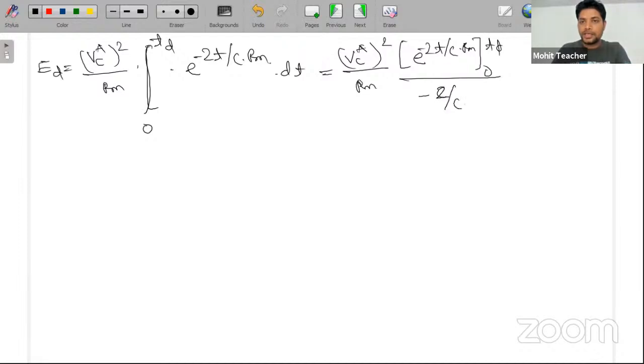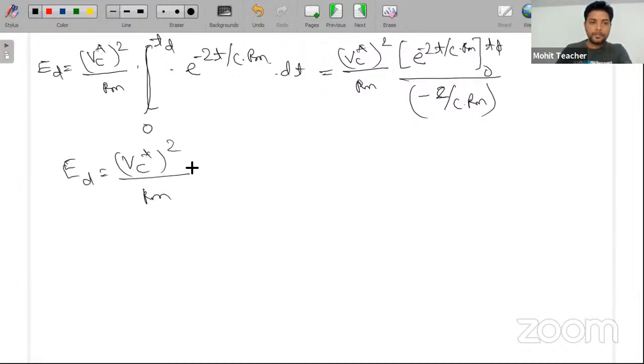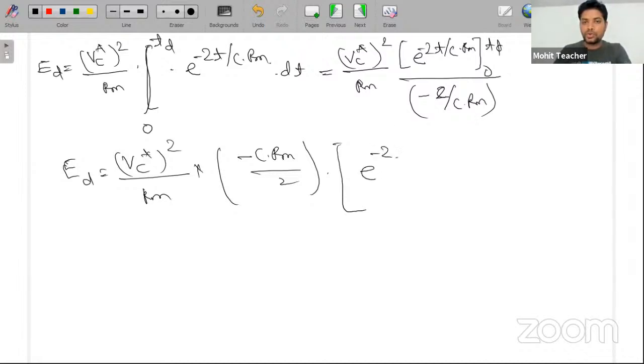So ed will be equal to VC star square upon RM into minus C RM by 2, into first put TD here, so this is e to the power minus 2 TD by C RM. And e to the power 0 will be 1.